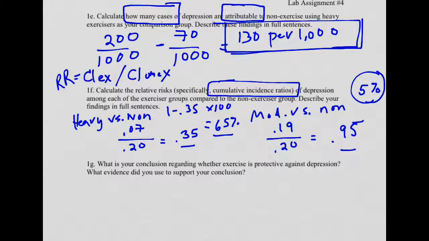Moderate exercise tended to give a little protection, but really not very much. The reduced risk of depression among moderate exercisers compared to non-exercisers was only about a 5% reduction. So it really seems like the most benefit comes from heavy exercise, where the women reduced the risk of depression by 65%. Some combination of those ideas would get you a right answer on that one.